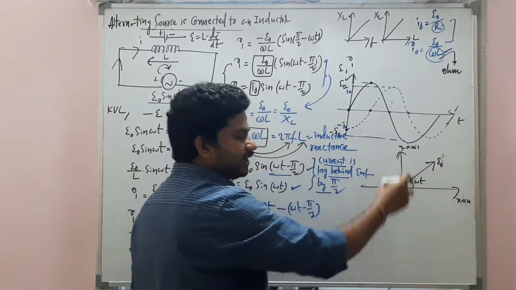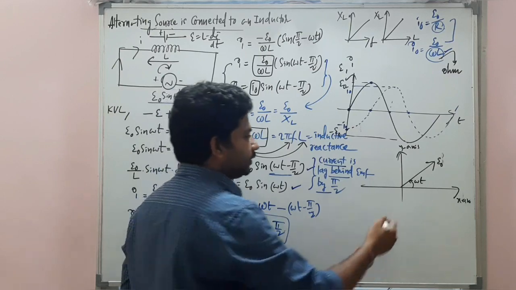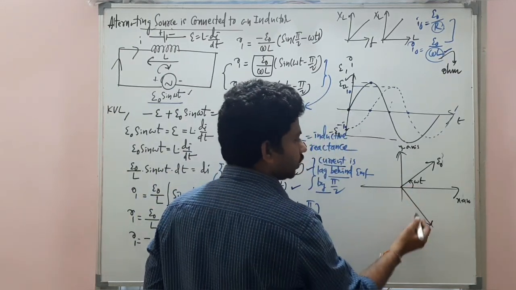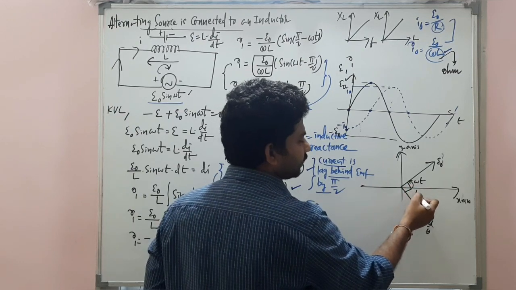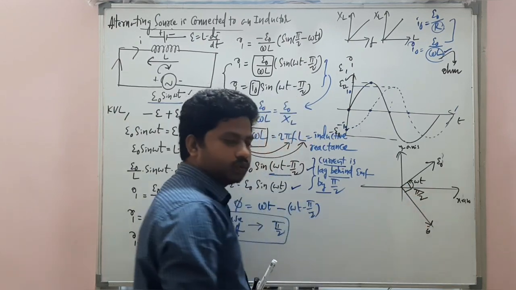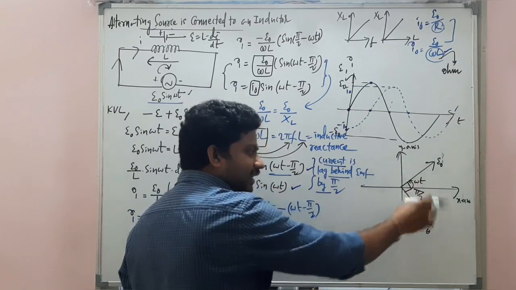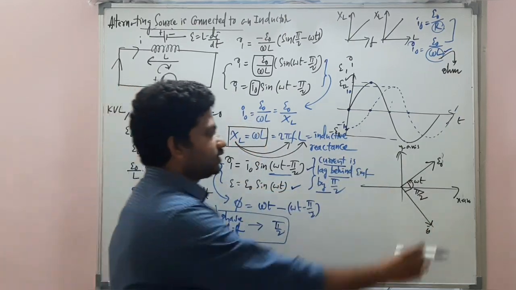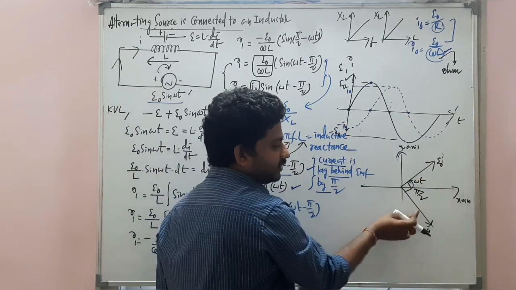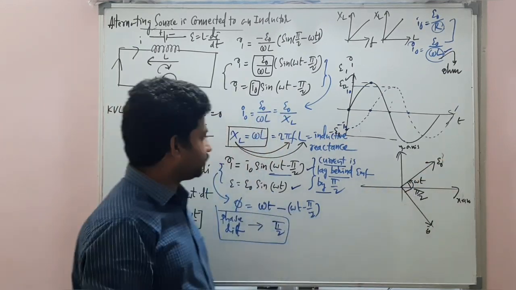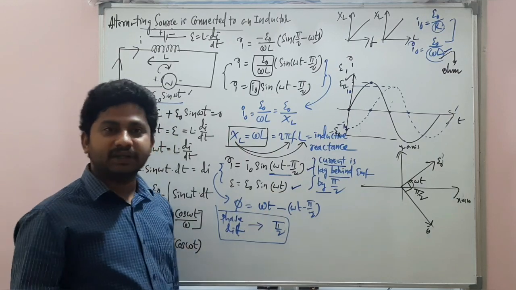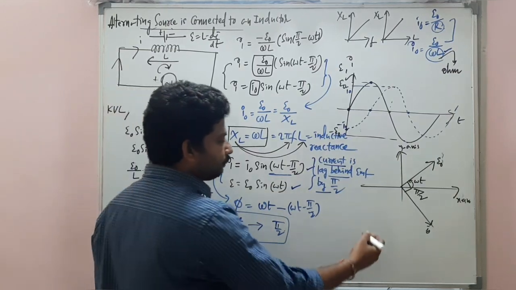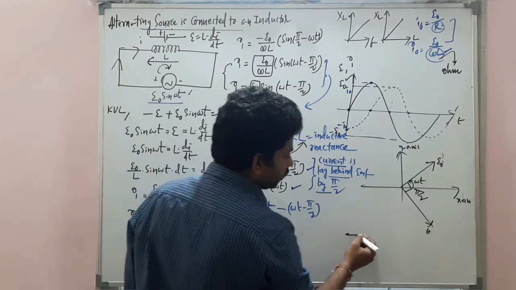Now your I naught is lagging behind by pi by 2. Simple. So this is your I naught and the angle here is pi by 2. See here, I naught is lagging behind. So current values are lagging behind. Alright. So this is omega t and this is omega t minus pi by 2. See, omega t minus pi by 2. Okay, clear?